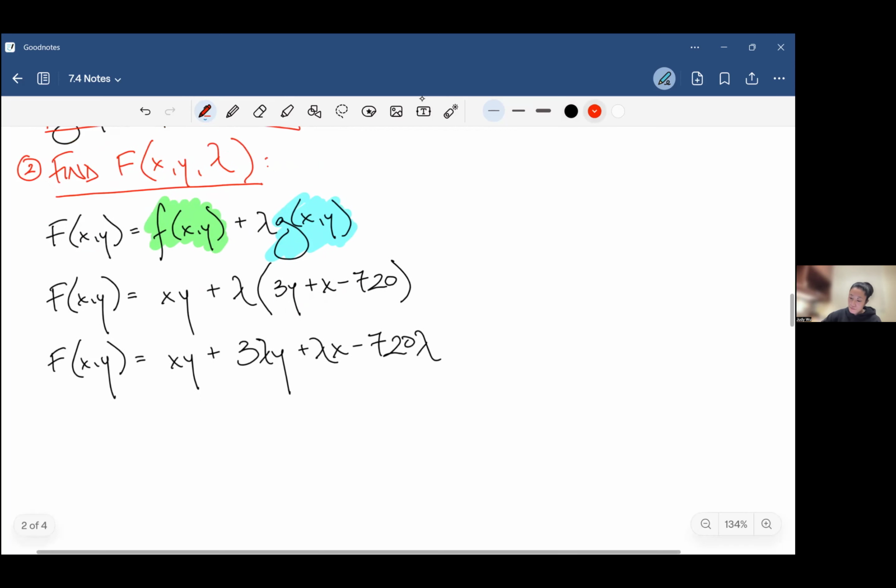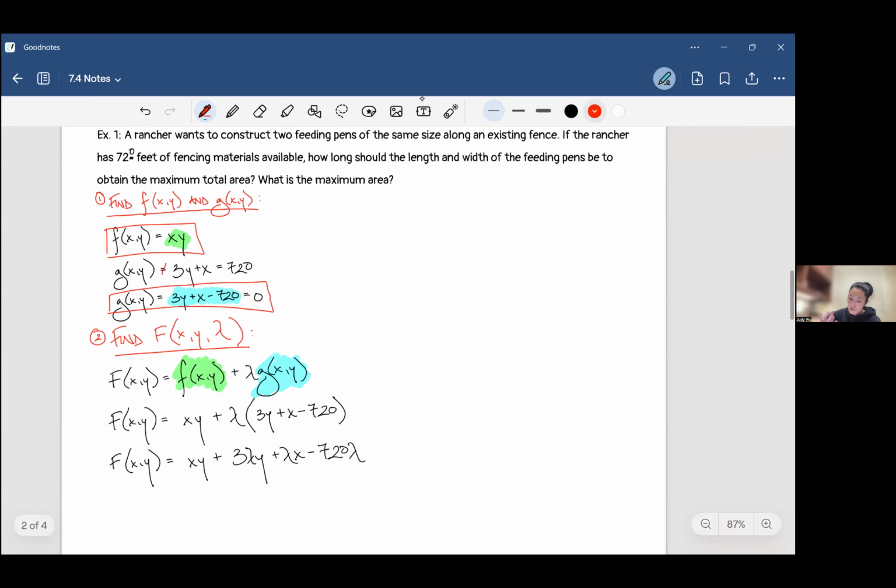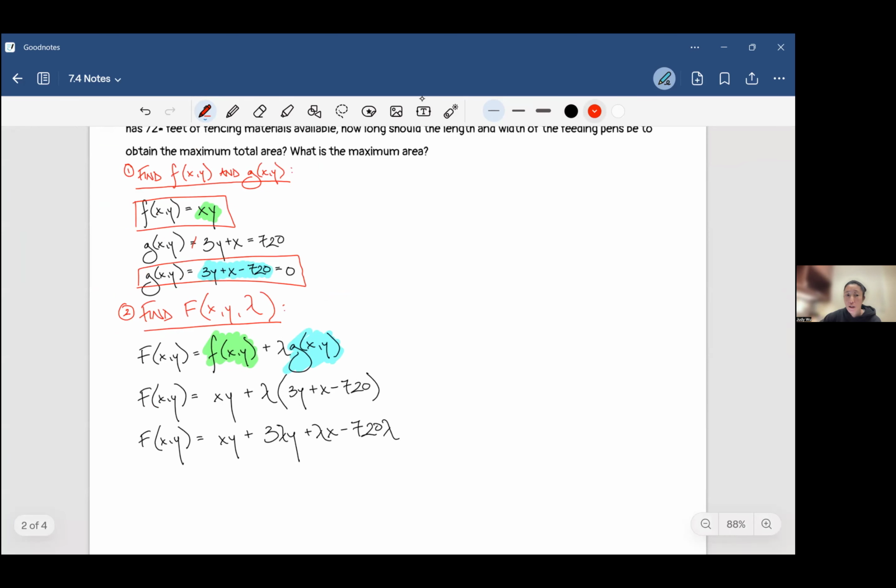All right. So let's kind of go over what we have so far. We found a lowercase f of xy and a lowercase g of xy. Then we use those two to find your uppercase F of x, y, lambda. Lambda is a number, and that's important because in our next step, we are going to find our partials.